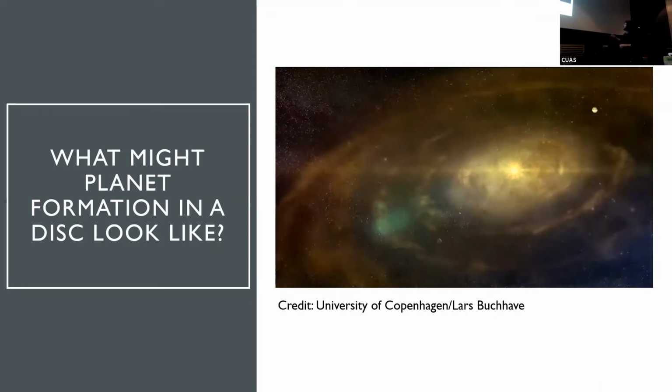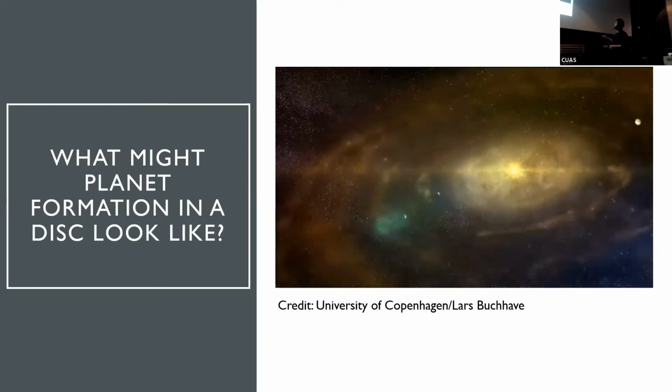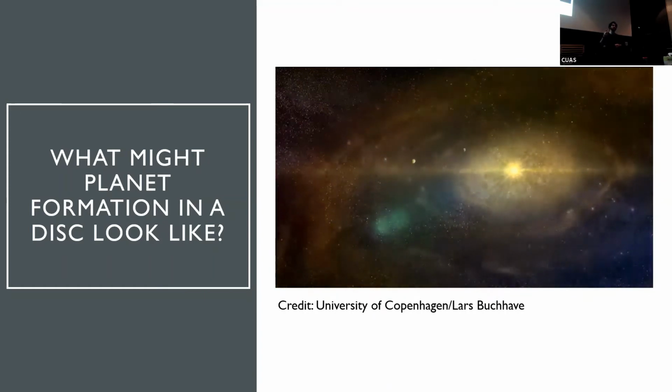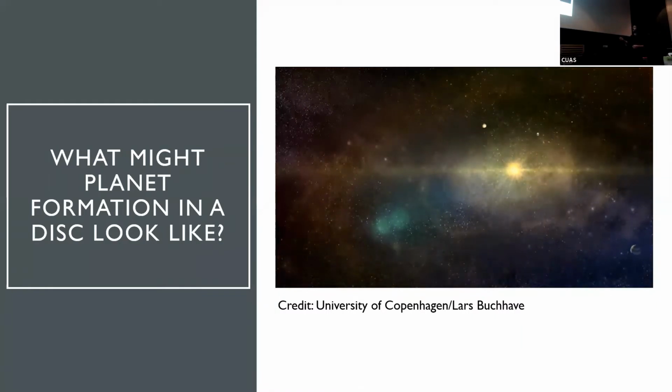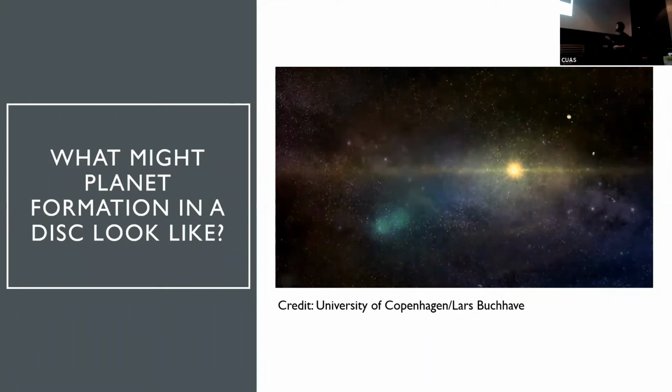They form and orbit around their star, and as they orbit, they basically hoover up all of the dust and gas that's nearby them. They hoover up most of the dust to form these solid bodies, and then for giant planets, they hoover up all of this gas around them. So you can see that eventually the protoplanets go on to form giant planets themselves.